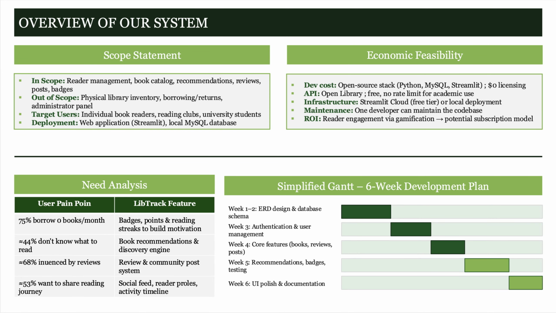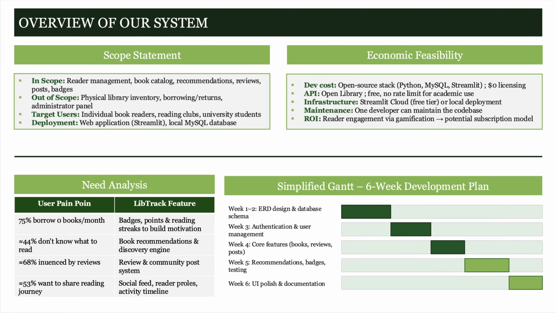On the economic feasibility side, LibTrack uses a fully open source stack, Python, MySQL, and Streamlit, with zero licensing costs. The Open Library API is free for academic use. This makes LibTrack viable from day one, with a single developer able to maintain the code base.